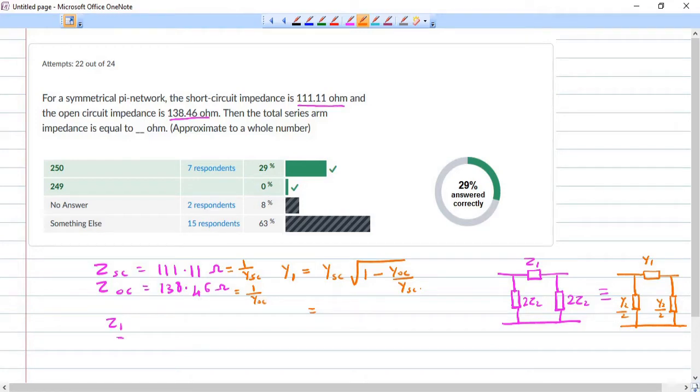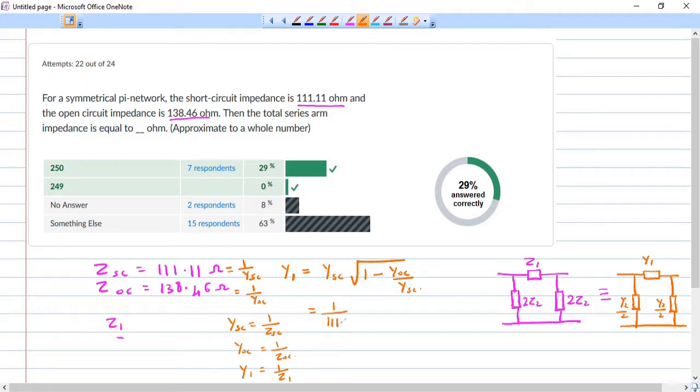So YOC is inverse of ZOC. So YSC is actually equal to 1 by ZSC and YOC is equal to 1 by ZOC. Similarly, Y1 is equal to 1 by Z1.